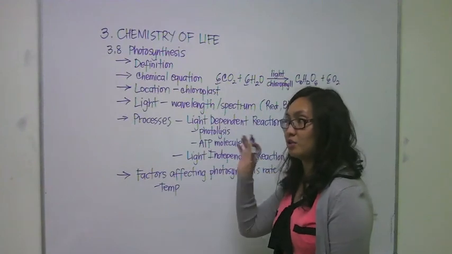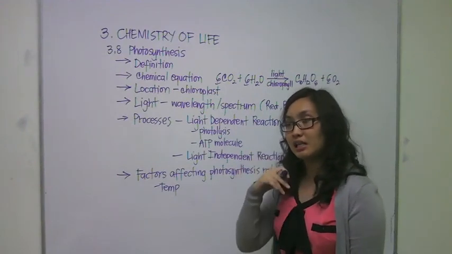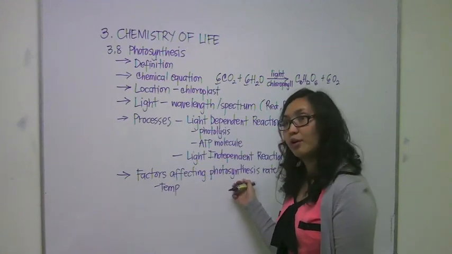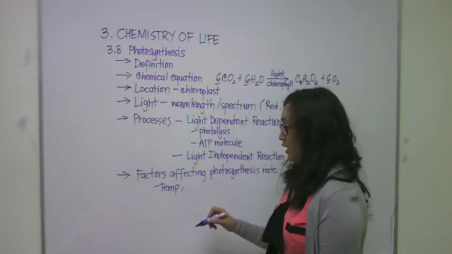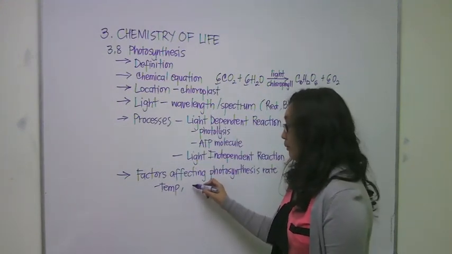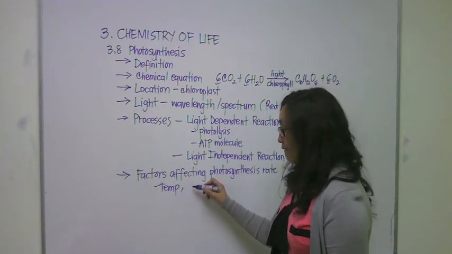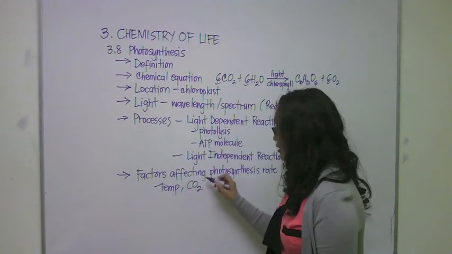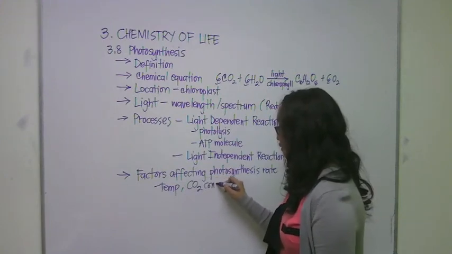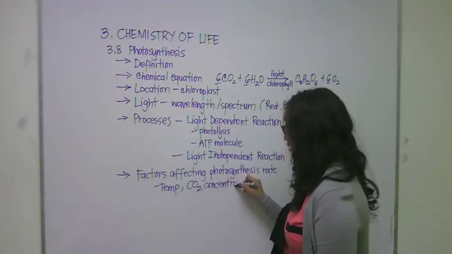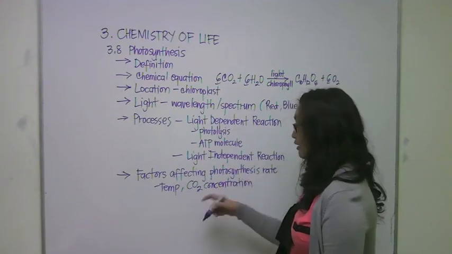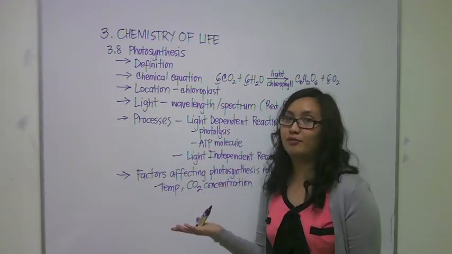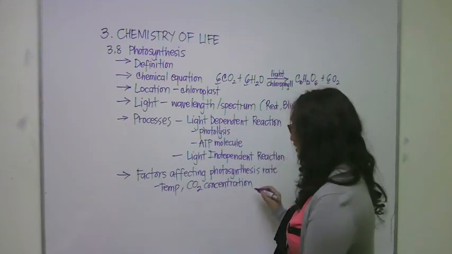But as the temperature further increases, it can denature the enzymes involved in photosynthesis, therefore decreasing the rate. Then we have carbon dioxide concentration. Of course, this is very self-explanatory, because whenever there's no carbon dioxide, the rate of photosynthesis is not going to increase.